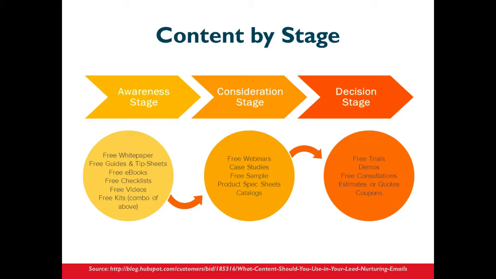Then at the consideration stage, when they're trying to narrow down their options, you might offer a free webinar that talks more specifically about what you have to offer, or some case studies from previous customers on how they've used your product or service successfully, and maybe some spec sheets on your specific products or catalogs of the products you offer. And then in the decision stage, you might offer them some demos or a free trial of your product, or give them some coupons to use.